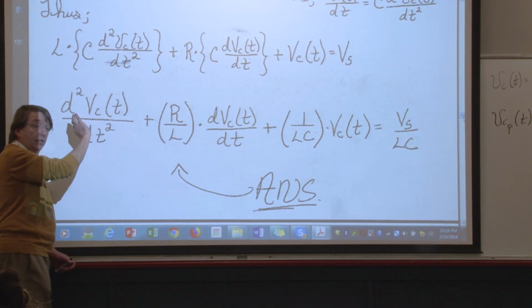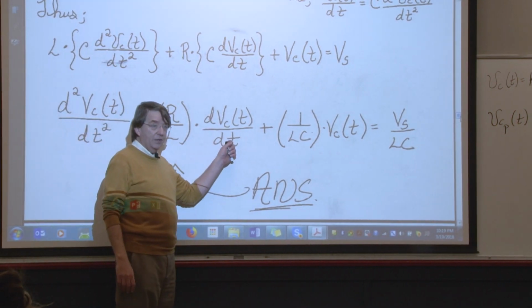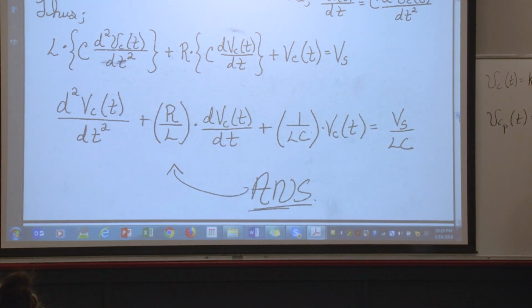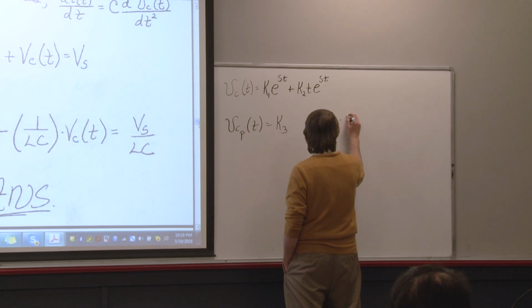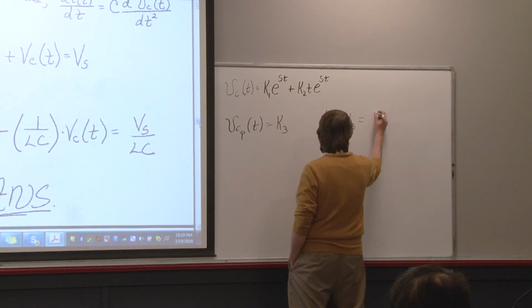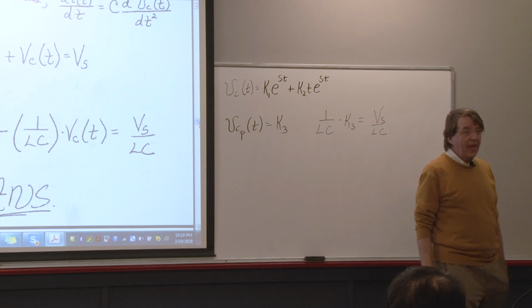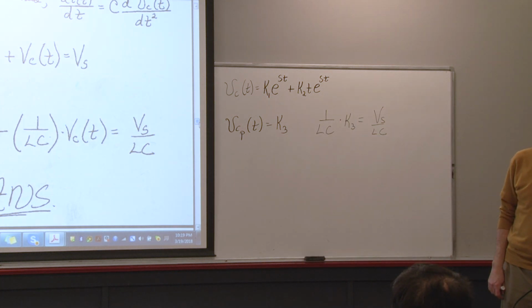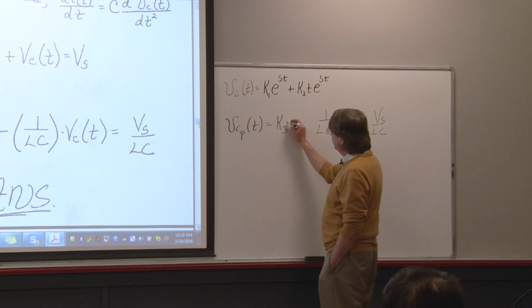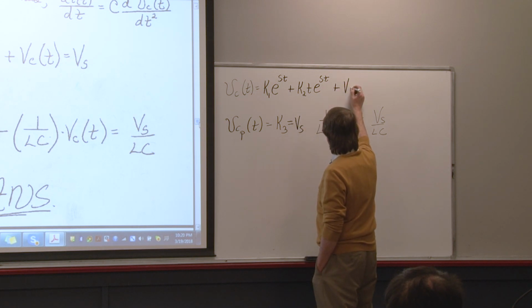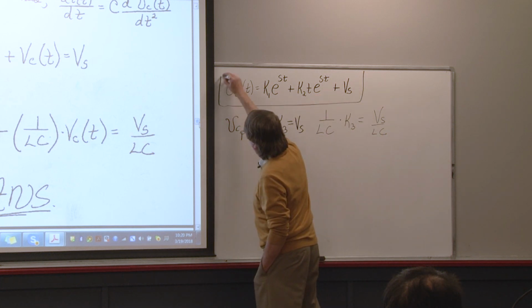Second derivative is 0. First derivative, 0. What I get is 1 over LC times K3 equals Vs over LC. Value of K3 is Vs. So it turns out that this particular solution is Vs. That means this is the solution to our equation.